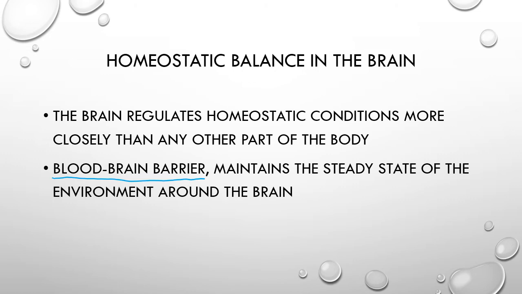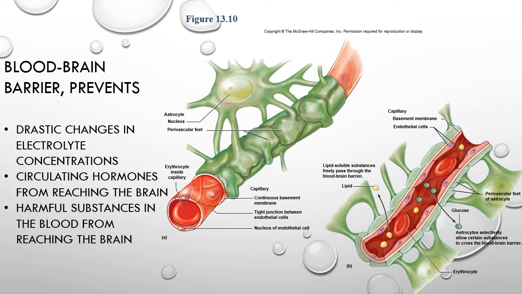What we can get in and what we can get out is controlled by this set of barriers set up by our astrocytes. And so this allows us to make sure that only the things that we want in and around the brain get there. Other things like potentially toxins and substances that are found in the blood are not able to get there. Back in anatomy, we looked at the astrocyte.